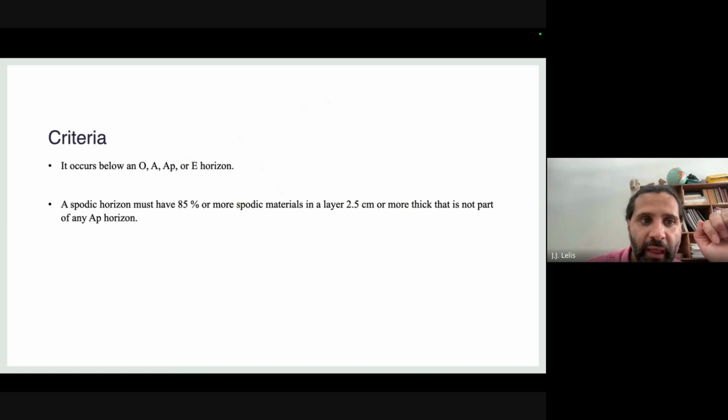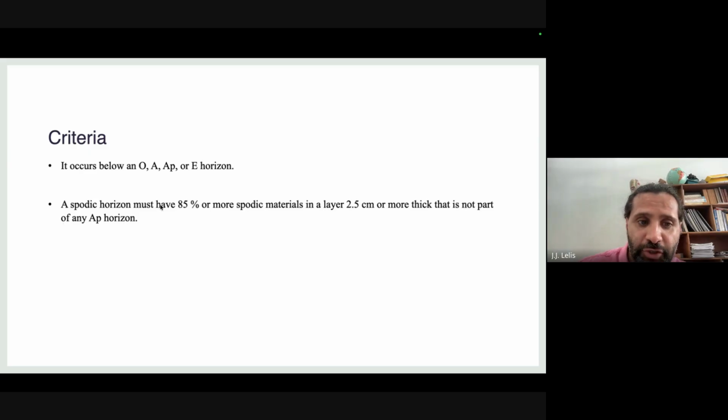Okay, so let's see the criteria to identify a spodic horizon. It should, of course, be below an O, an A, an Ap, or an E horizon. So it should be below one of these horizons, and it should contain spodic materials, at least 85% in a layer that has at least 2.5 centimeters, and it's not part of an Ap horizon.